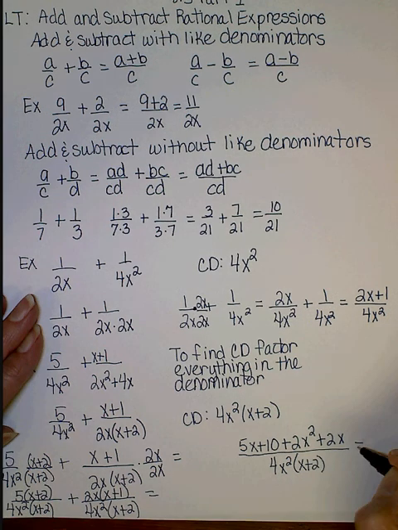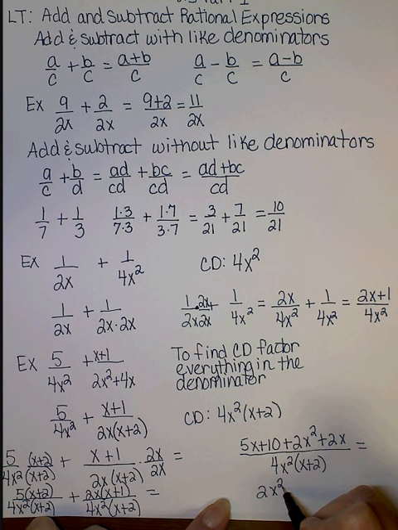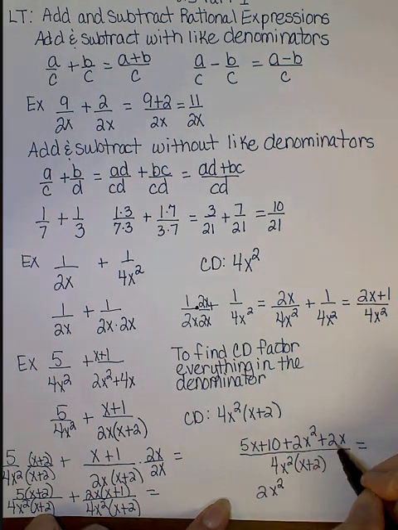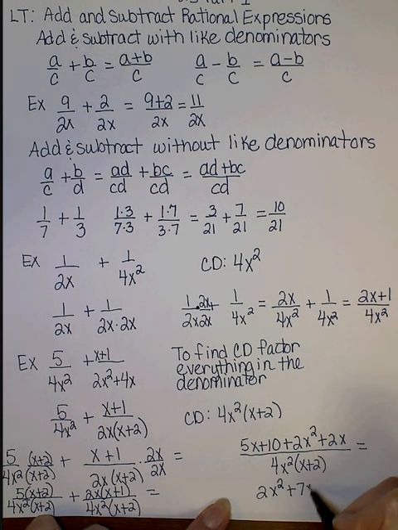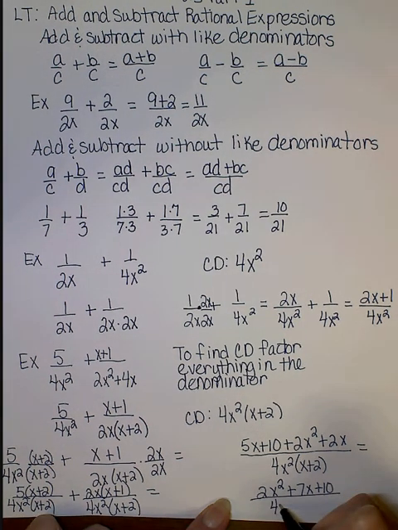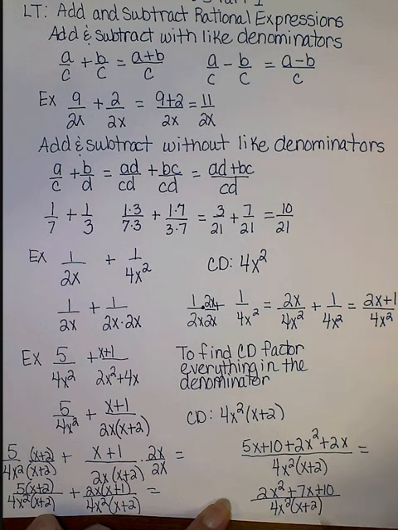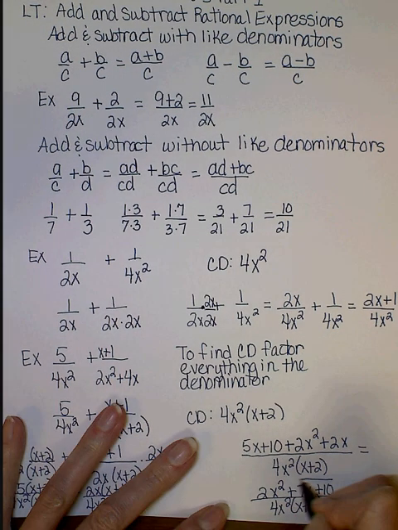One more step I can do. I can combine any like terms that I have, and I'm also going to write it with the highest exponent first. 5x plus 2x is 7x. And don't multiply out your common denominator, just leave it. Okay, this is the final answer here.